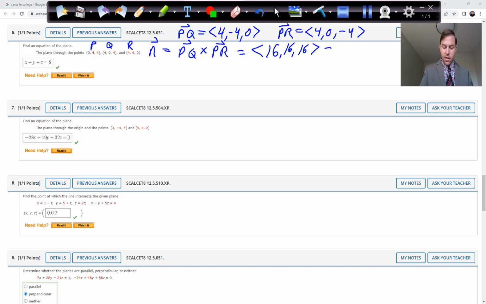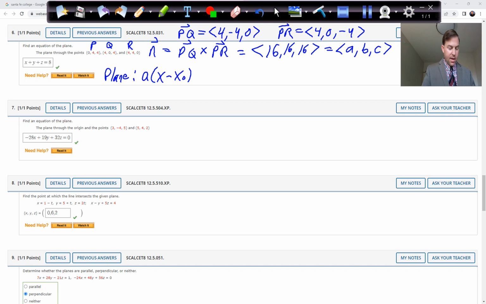Okay, and this is going to equal A, B, and C. So those same A, B, and C letters we saw in the previous example. Then we're going to write that a plane is an ABC vector times the difference of x and some point on the plane.